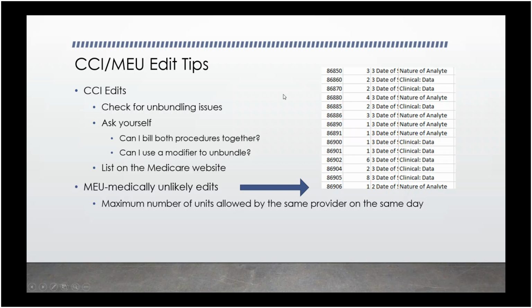In the second column, what you're seeing is the maximum number of units. For 86,850, it says we can do that 3 times in one day by one provider, whereas 86,880 says that we could bill it 4 times per provider per day. 86,890, 891, 900, 901, you can only bill once per day per provider.